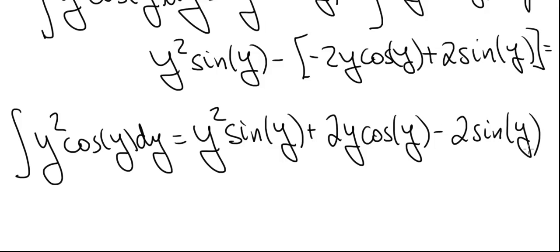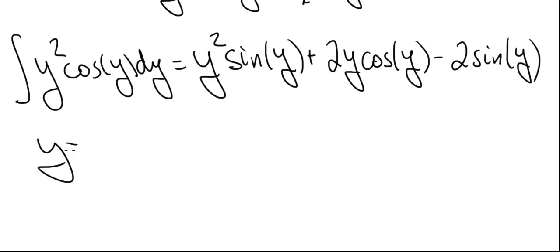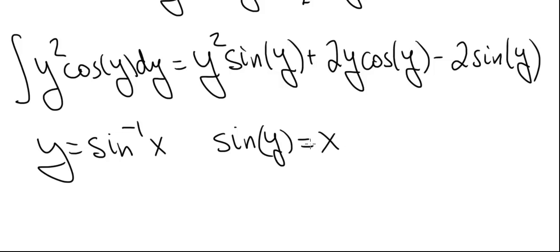Now we have to go back to the original variable x, and recall our substitution was y equal to inverse sine of x. So that means that sine of y will be replaced by x. So everywhere we see sine of y up here, we'll replace it with x. But now there's also a cosine of y in there, so we need to figure that out.